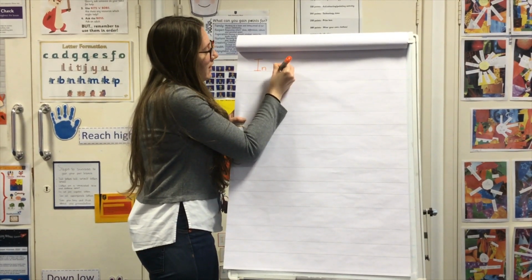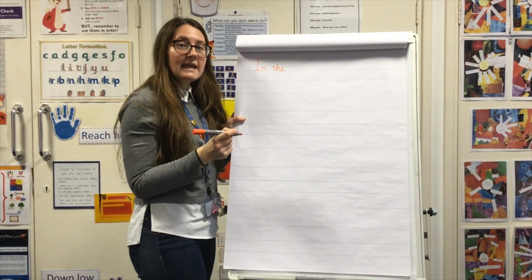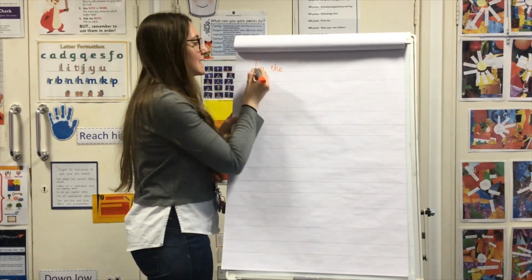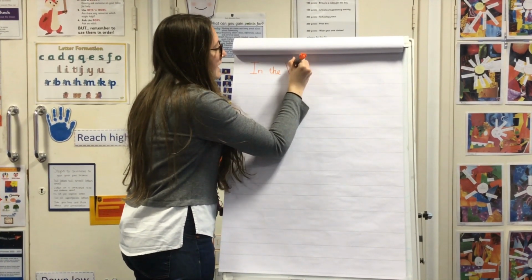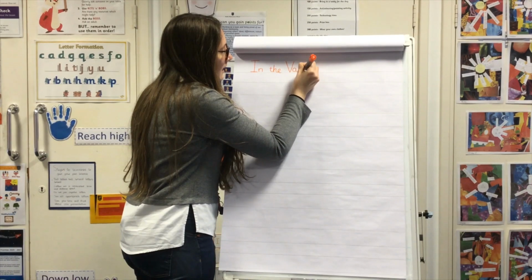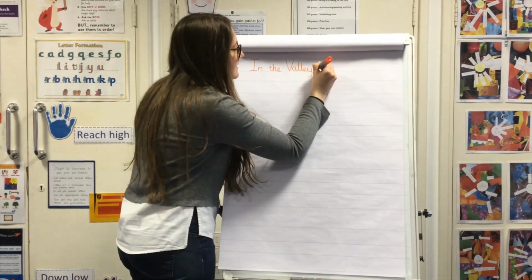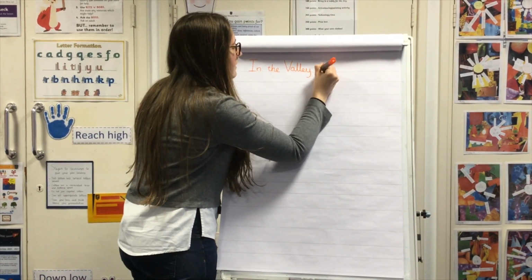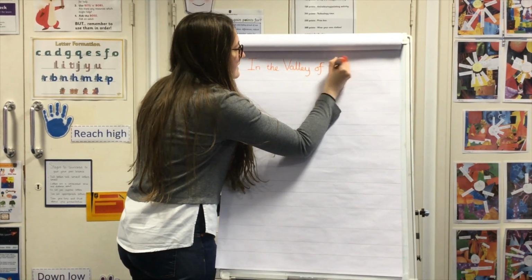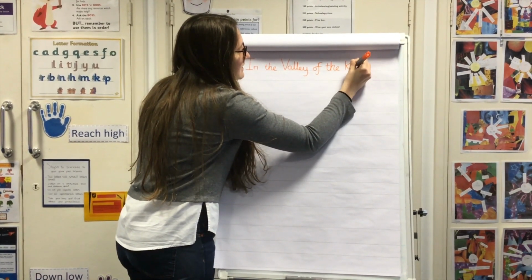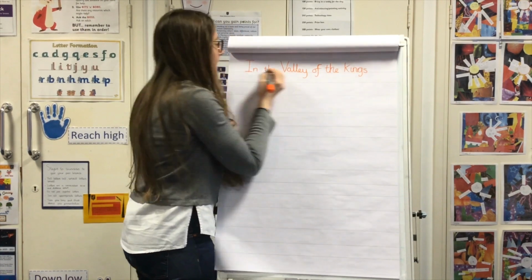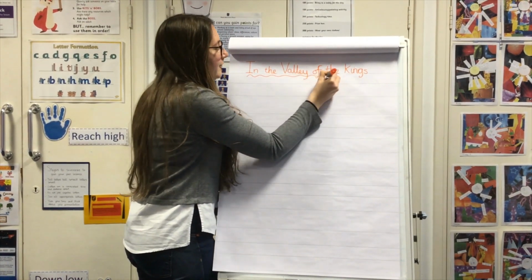In the. Now, the Valley of the Kings is a place, so that needs capital letters as well. In the Valley of the Kings. I need to make sure all of my spellings are correct. And because it's a title, I'm going to underline it with a wiggly line to make it stand out.